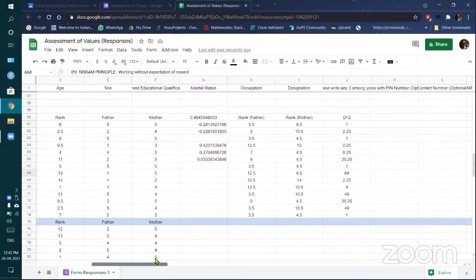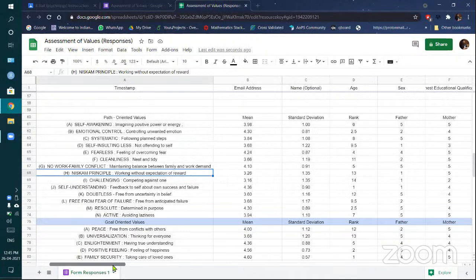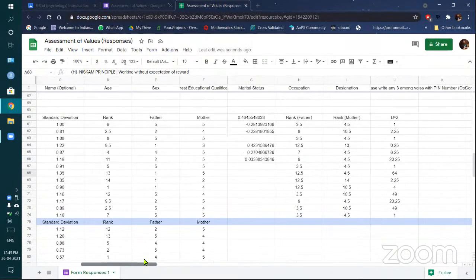Okay, these people are very senior, so their perception and your perception is different.